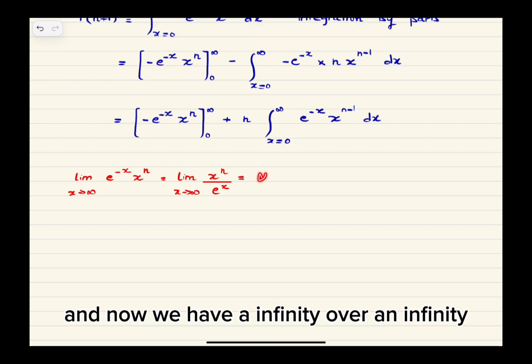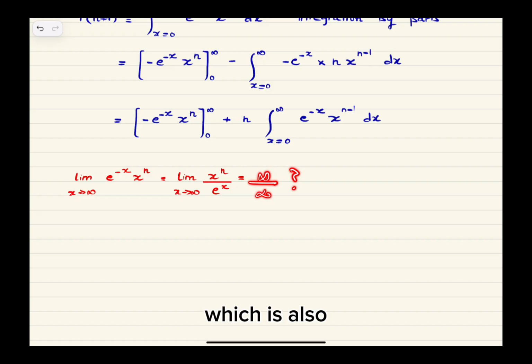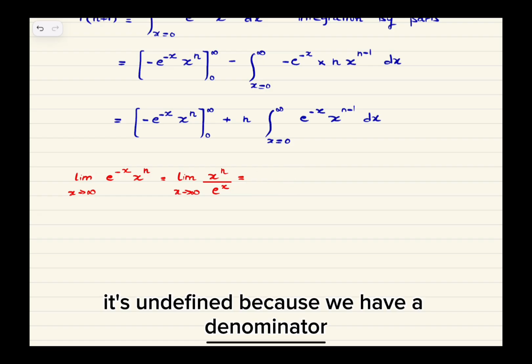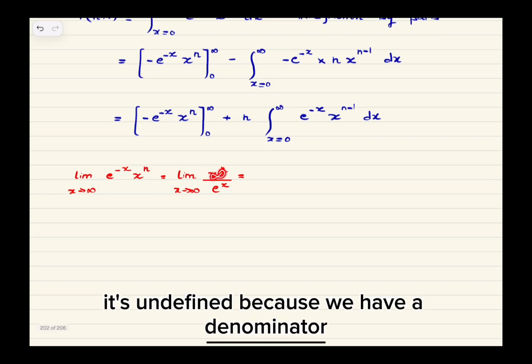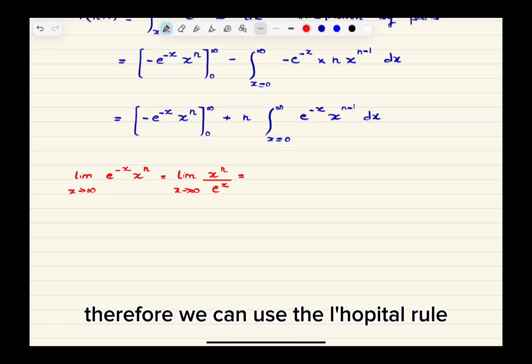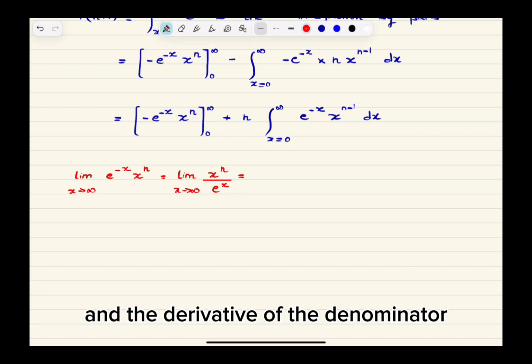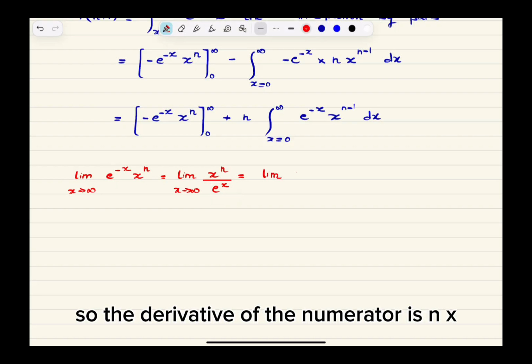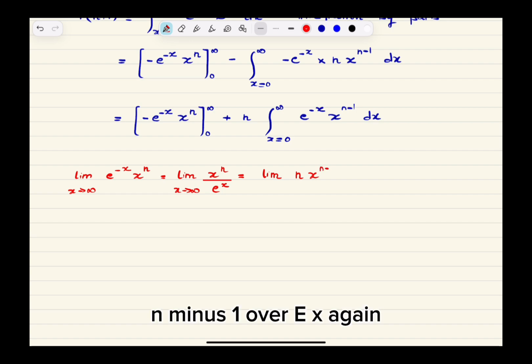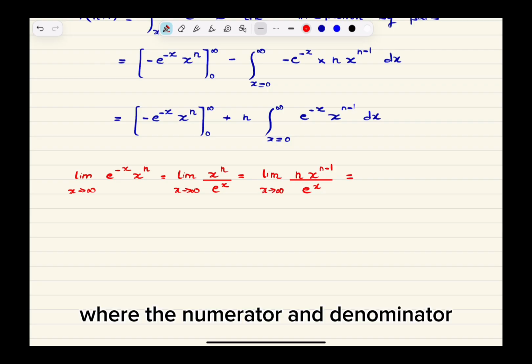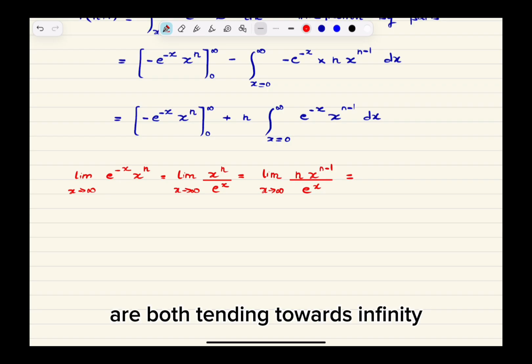And now we have infinity over infinity, which is also undefined, because the numerator and denominator both tend towards infinity. Therefore, we can use L'Hopital's rule, which is that this limit is the same as the limit of the derivative of the numerator over the derivative of the denominator. So the derivative of the numerator gives n x^(n-1) over e^x. Again, the numerator and denominator are both tending towards infinity.